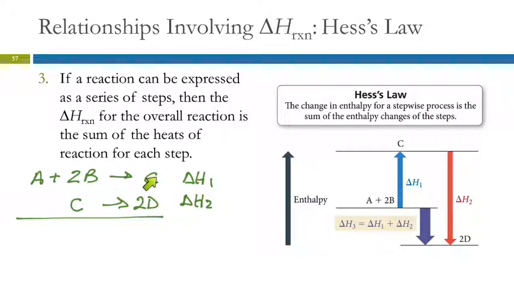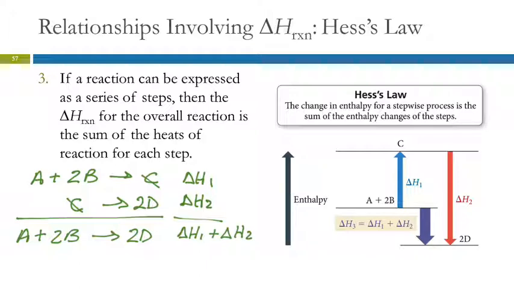The C that is made here gets used up over there, just like the electrons when we balance redox reactions. So A plus 2B makes 2D. So then here, my delta H is the sum of the delta H's. Okay?